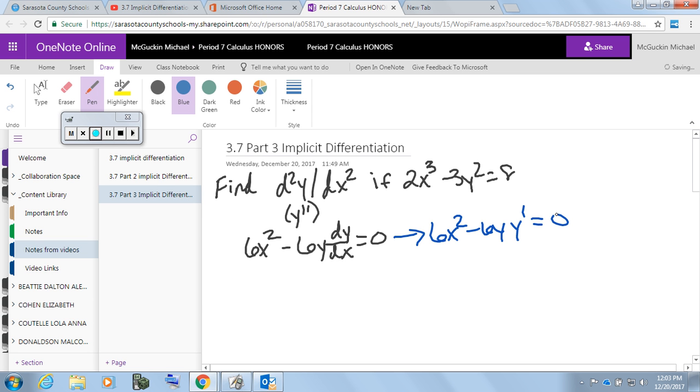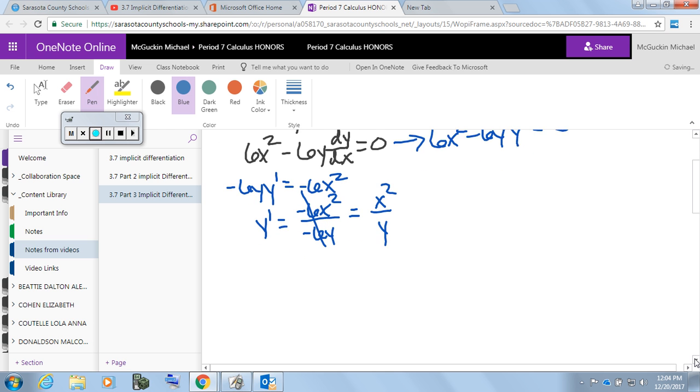So we get that negative 6y times y prime equals negative 6x squared after subtracting it over. And then dividing through, we get negative 6x squared over negative 6y. Those negative 6's are going to cancel out, and y prime has now a value of x squared over y. Keep that in mind as we continue to move along.